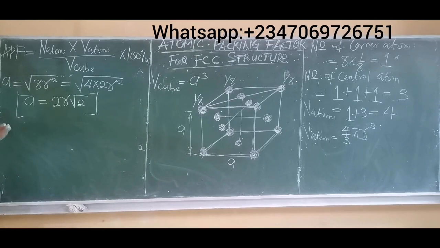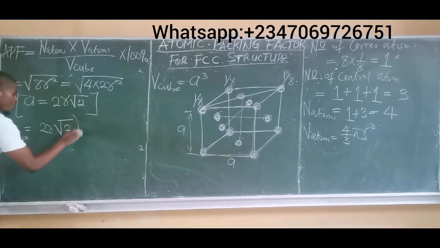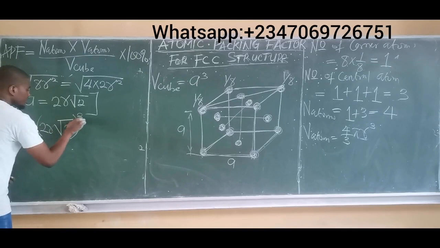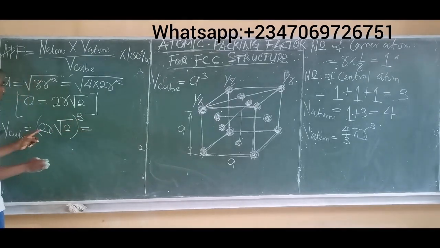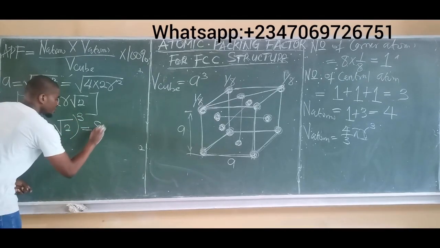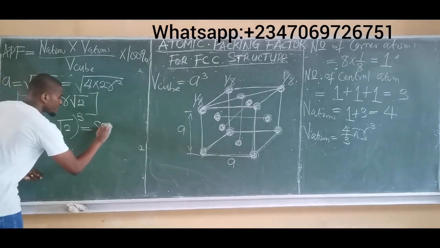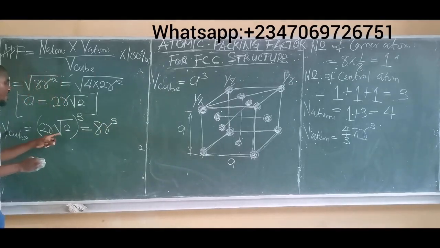So I'm going to have the volume of cube equal to A to the power of 3, that is 2r root 2, all to the power of 3. So this is going to be equal to 2 to the power of 3, that's 8, r cube, you have r cube. Now let's find root 2 to the power of 3.